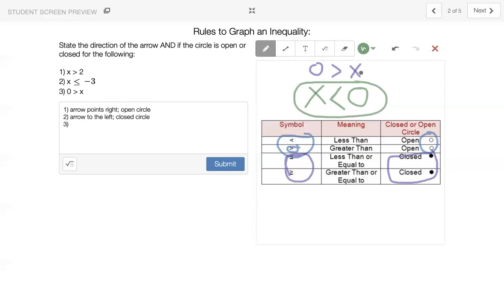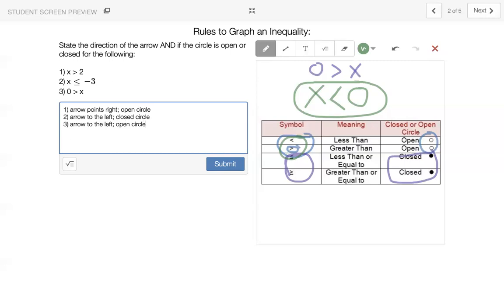Even though it's saying the same thing, we will analyze the graph incorrectly based on where we point the arrow. The arrow should always be pointed towards the x like this. So this one is actually less than, and so we're going to have the arrow pointing to the left because it's less than. And then this time, because it's not underlined, it falls in this category of an open circle.